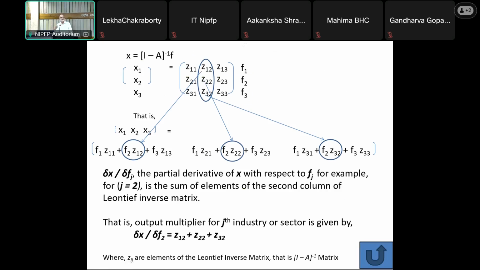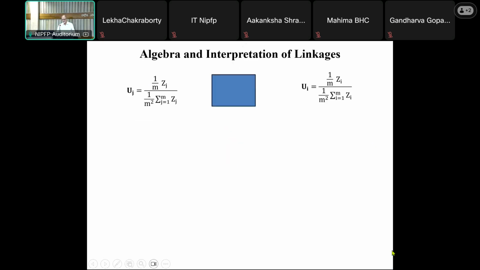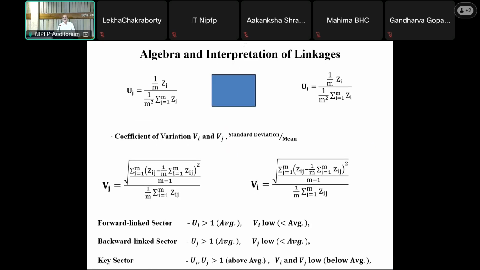If the average is more than the overall average, then it has a backward linkage, if you move along the column. If you move along the row, and it is greater than the average, then you have a stronger forward linkage, and that is what the algebra is.